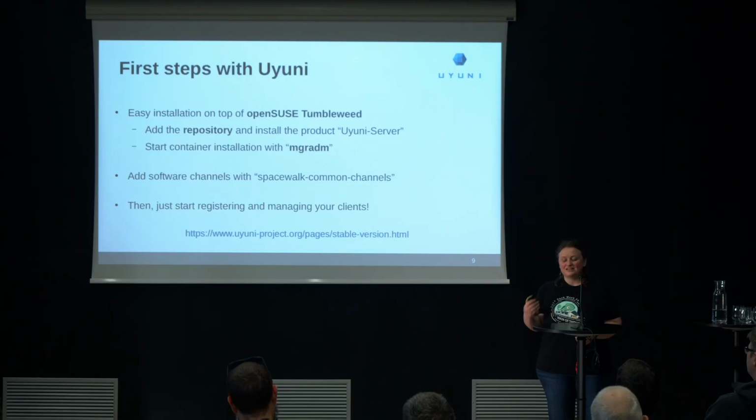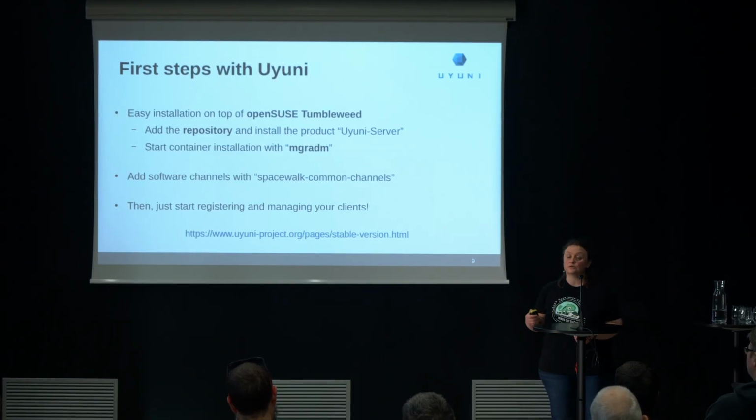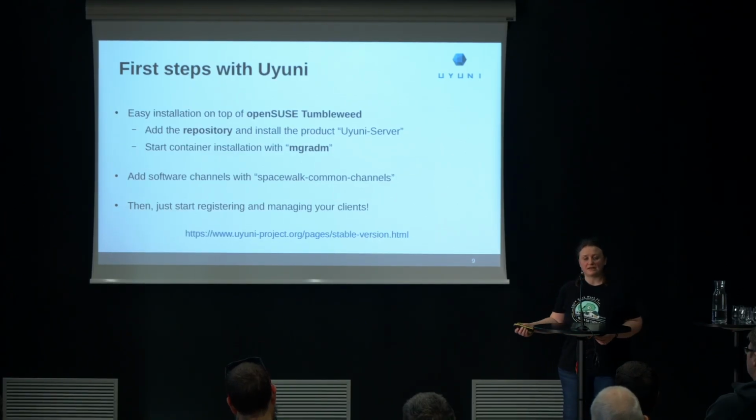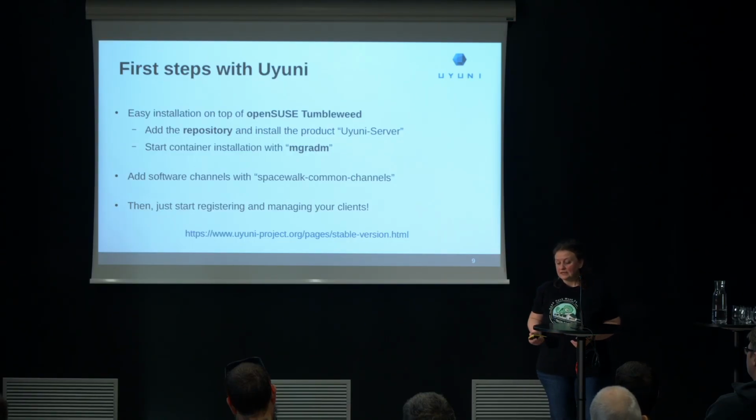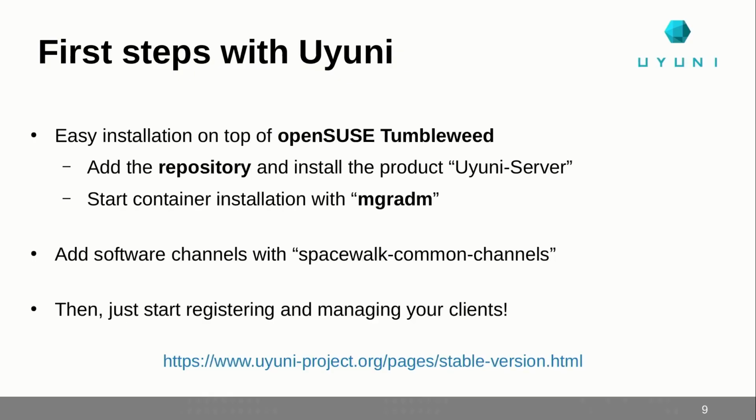And then when you install this utility from this repository, you can just start the Uyuni server or the Uyuni proxy and start to manage your clients with Uyuni itself. So if you're curious, of course, you can have a look at the website. You find all the steps. But again, the focus is on the repository.